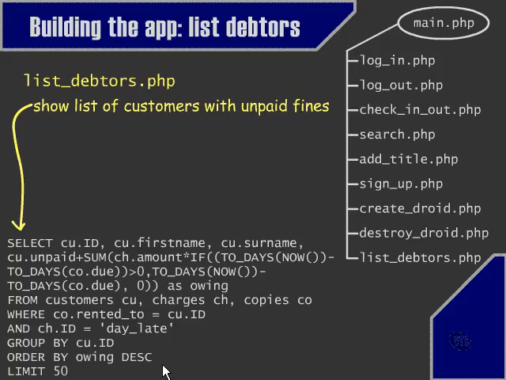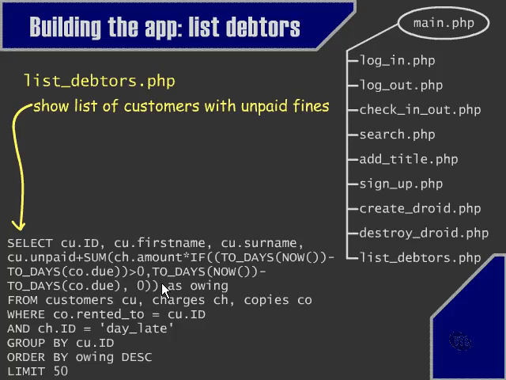Now, what is this owing column? There's no owing column on any of the tables. If we look up at the top, at the part that I've been deliberately avoiding up to this point, we'll see that the fields that we're returning, or columns that we're returning, are the ID of the customers, their first name, their surname, and this particular owing column, which we've generated from this particular piece of SQL.